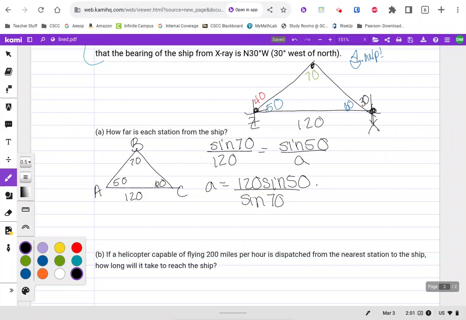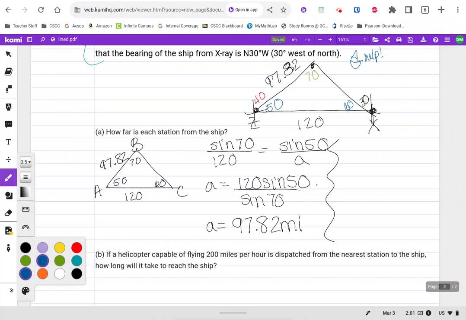Calculator time. A ends up equaling 97.82 miles away. And that's from Zulu to the boat.